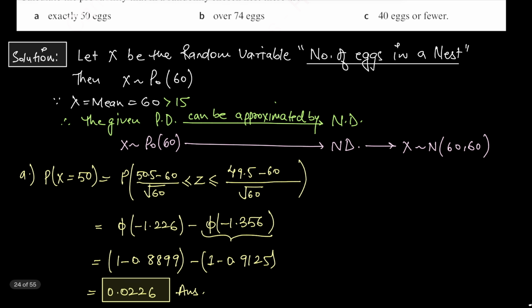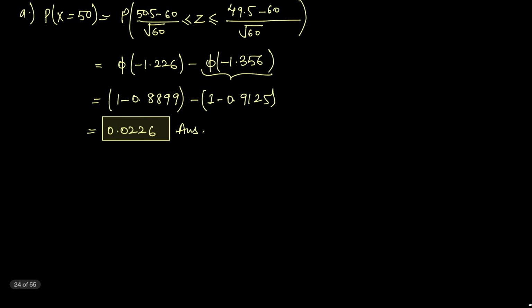So this is part A. Now let's move on to part B, where they are asking you to find the probability that x is greater than 74. Okay, so let's see how we need to approach part B. We need to find the probability of x greater than 74.